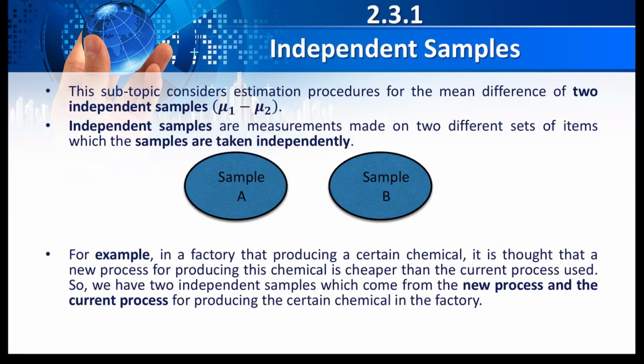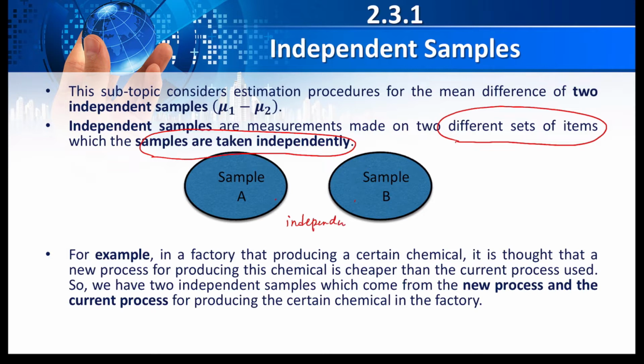Independent samples are measurements made on two different sets of items, where the samples are taken independently. Sample A and sample B are independent and not related. For example, you have a sample from UTM and a sample from UMP. These two samples are not related, so we call that independent.